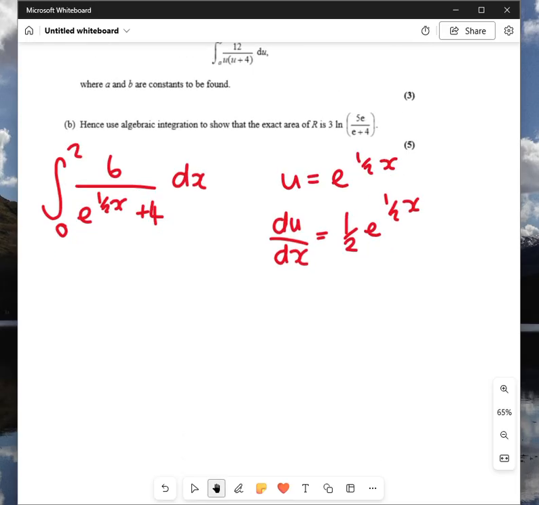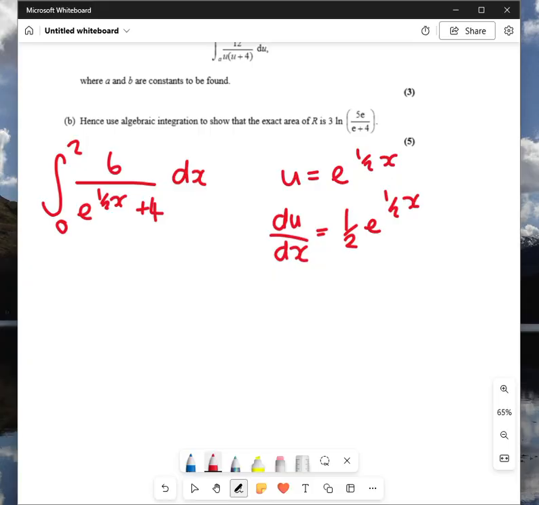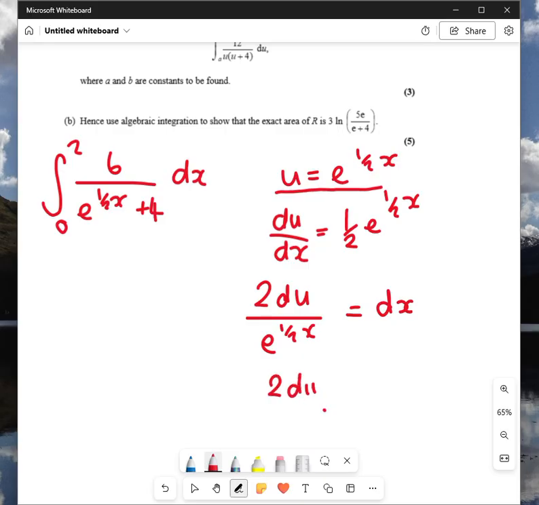Then making dx the subject, if I multiply by dx and divide by the half e to the half x, dividing by half is the same as multiplying by 2, so that'd be 2 over e to the half x, du. And e to the half x is u, isn't it? Because we can see that right there. So therefore, we can rewrite that as dx is 2 du over u.